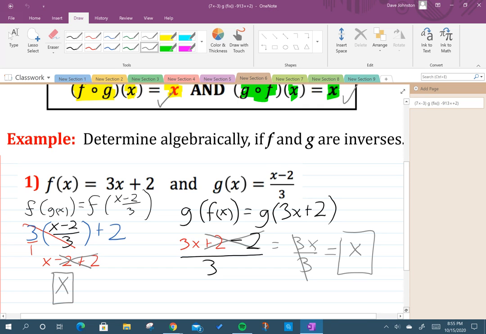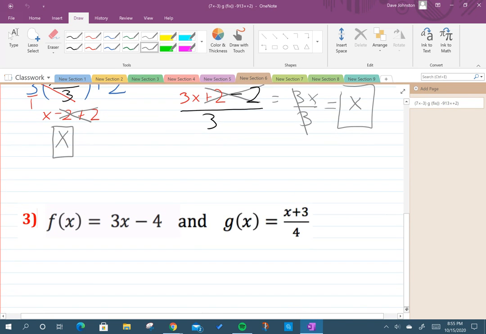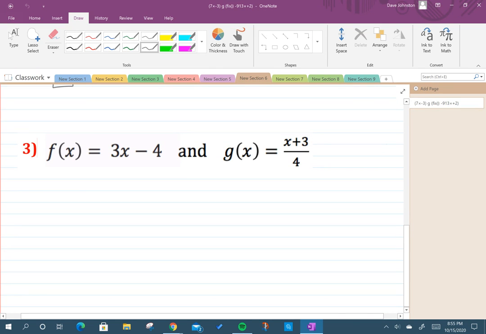On the other hand, let's try another case and see if this one works out. I've got two functions here, and they look like they have something to do with each other. Once again, I'm going to say f of g of x, so that's f of the quantity x plus 3 over 4.